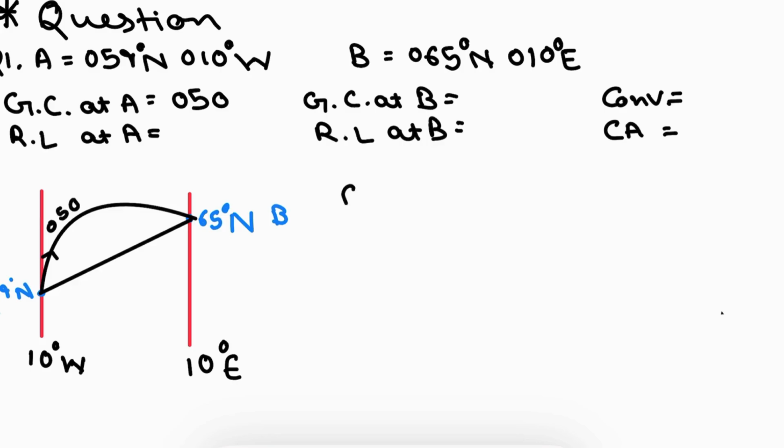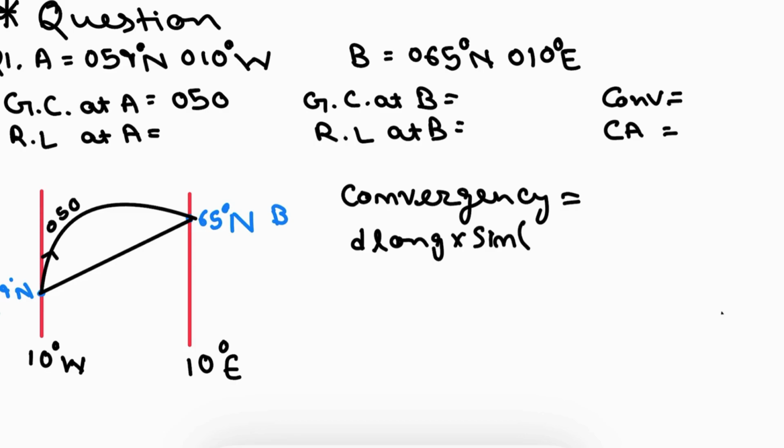Now what we can do is we can use our first formula of the convergency, which was d long into sine mean latitude. So d long here is 20 and the sine of 59 plus 65 by 2, right?